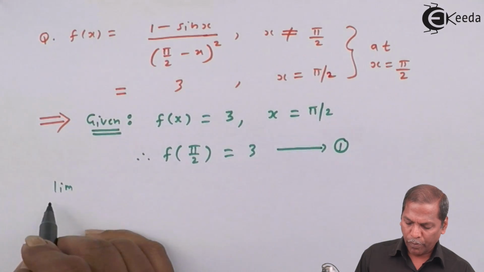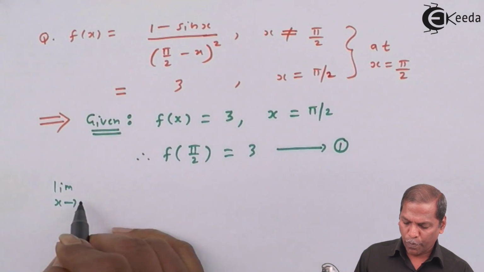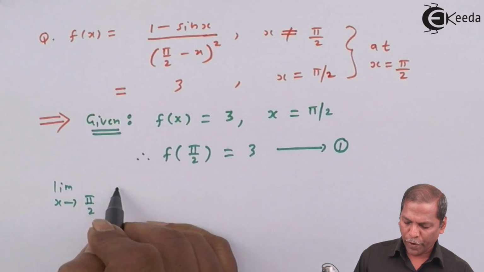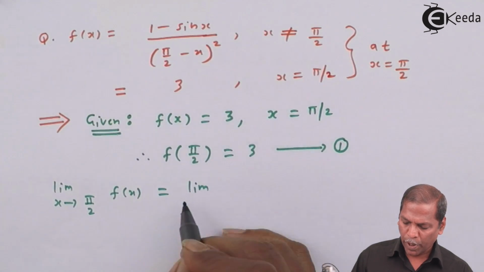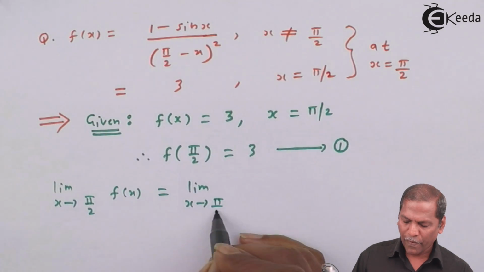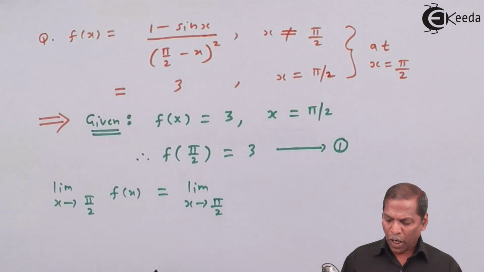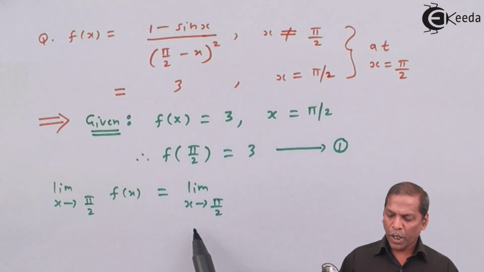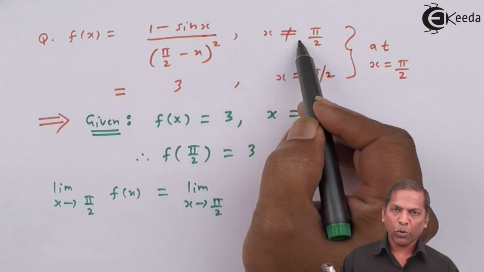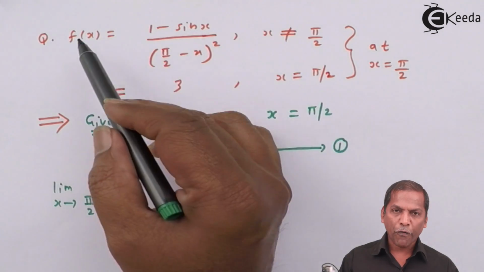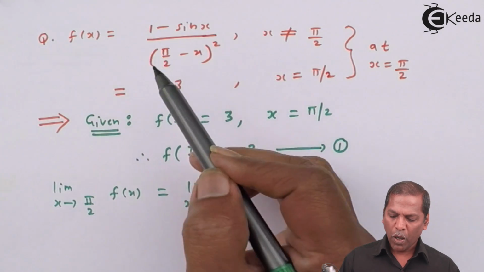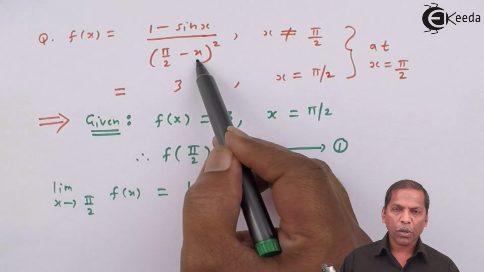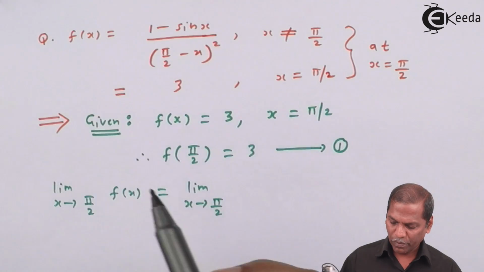Next step will be limit x tends to pi by 2 of f of x is equal to limit x tends to pi by 2. Now x tends to pi by 2 means x not equal to pi by 2, and at that time f of x is given as (1 minus sin x) upon (pi by 2 minus x) whole square.